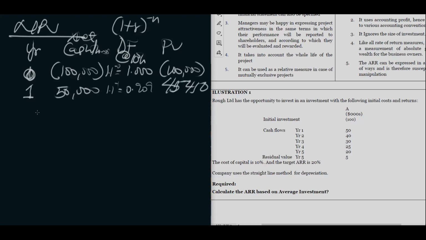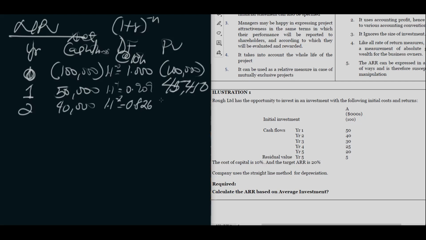45,450. Now, if I go to year two, if I put in the 100,000 in year two, I'm getting 40,000 again. 1.1 raised to the power minus 2. You get the idea now, so I'm not going to be writing the 1.1 again. So I have 0.826. I have 40,000 by 0.826.